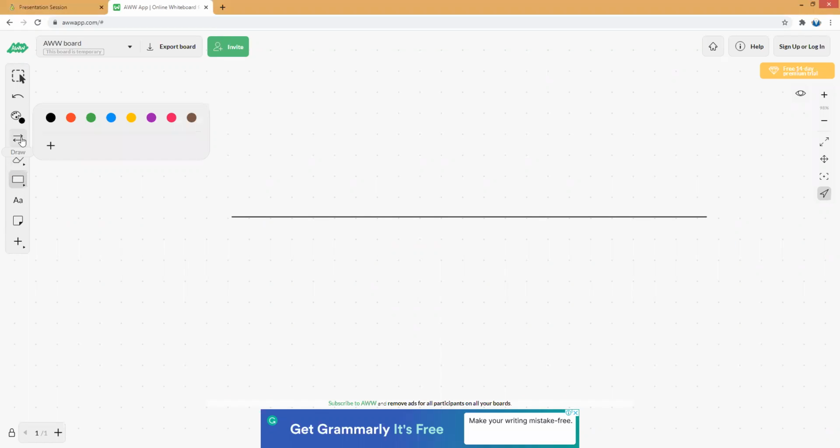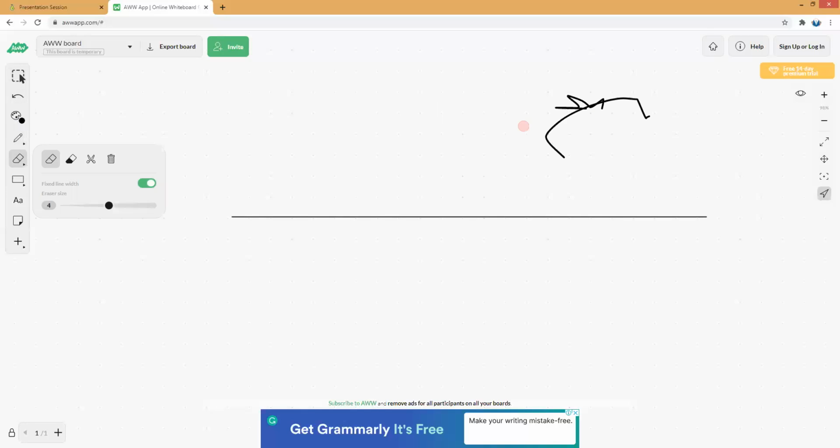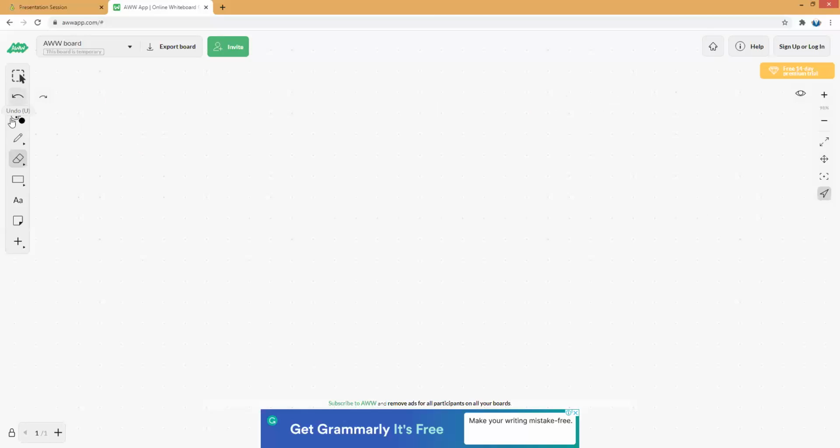Wait, I'm trying. Keyboard layout. Oh god. Okay, yeah, it's coming. It's working now. You can just do backwards. Fine. Okay, I'm drawing now. Let's see.